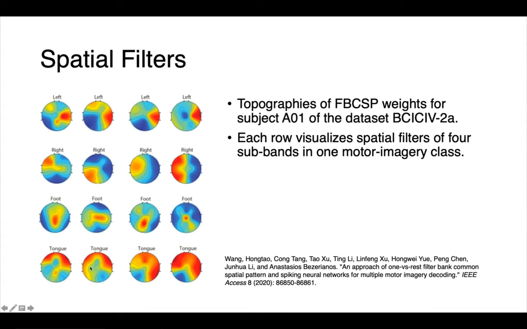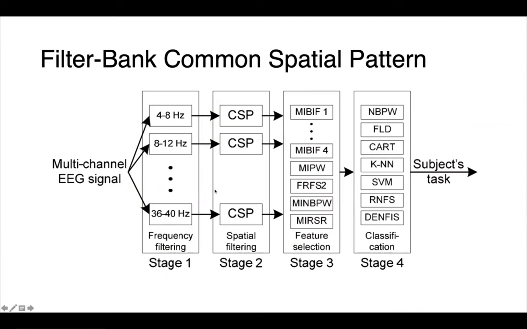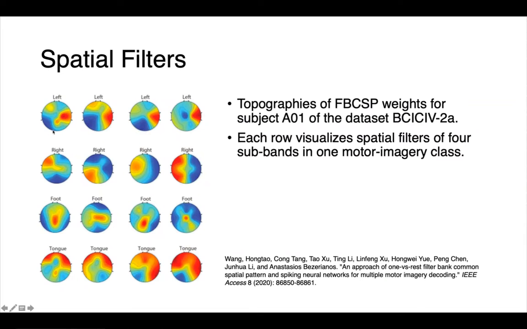So you can see the red color here. So it's actually interesting to see this because we use machine learning techniques to learn from the data and to match the existing neuroscience knowledge we have.